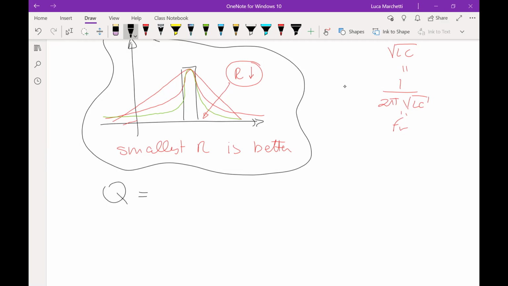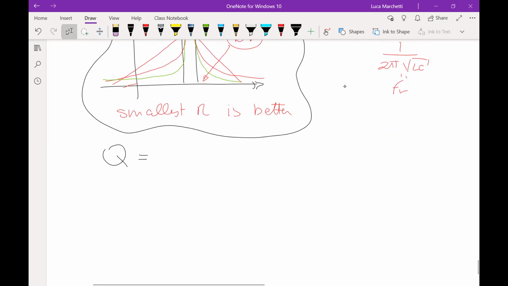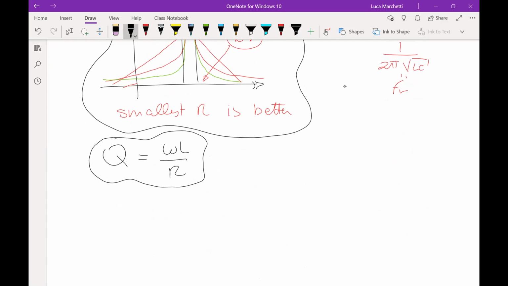For this RLC circuit, the Q factor can be written as omega L divided by R. This is one way to determine the Q factor, where omega is actually the resonant frequency, so let me write it here, omega R, okay? It's not a generic omega, it's the omega at resonance.